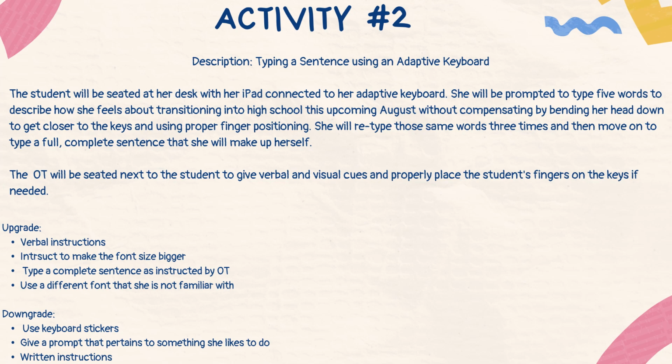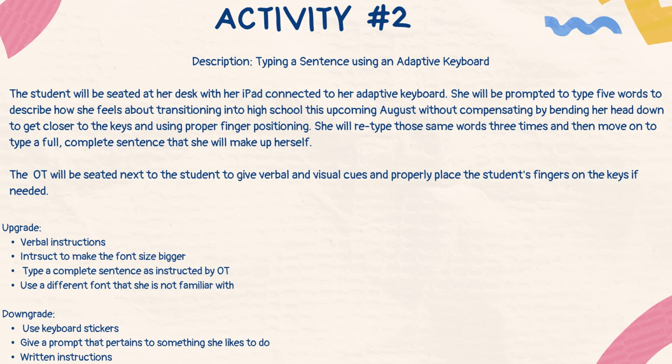She will retype those same words 3 times and then move on to type a full, complete sentence that she will make up herself. With this activity, I wanted to make sure that what she was typing was meaningful to her, because she had expressed to my fieldwork educator how excited she was and, at the same time, how anxious she was to transition into high school.